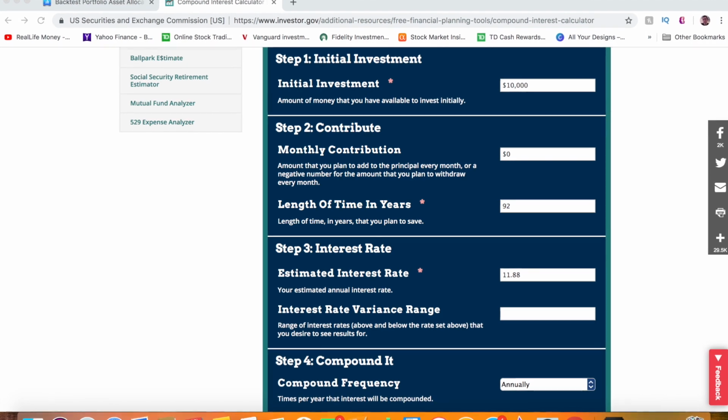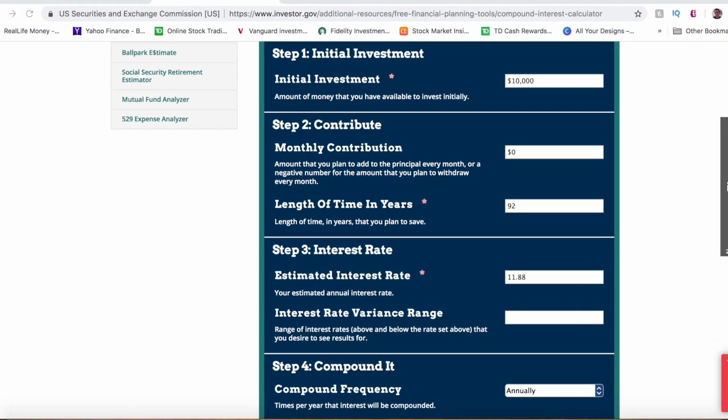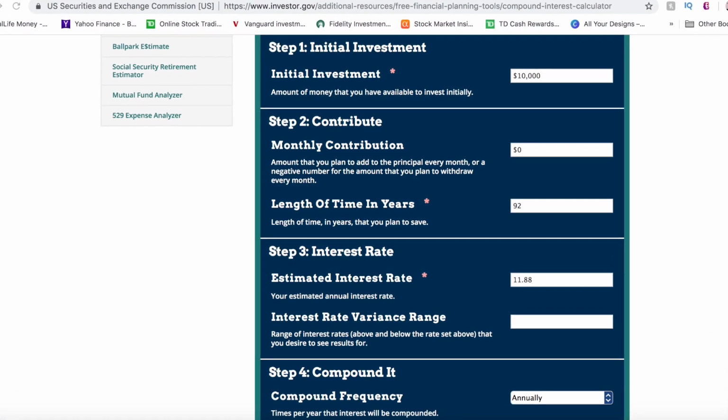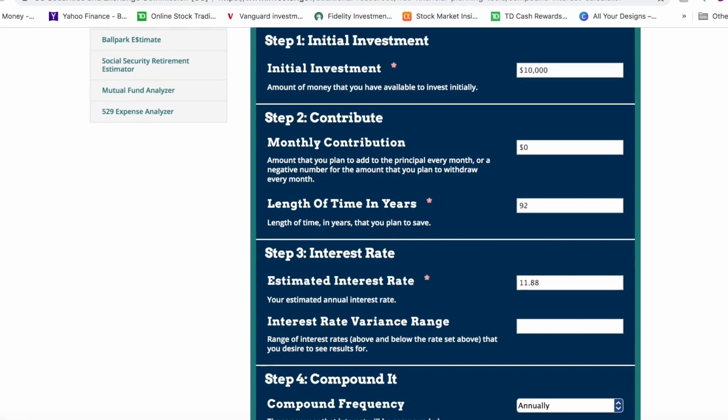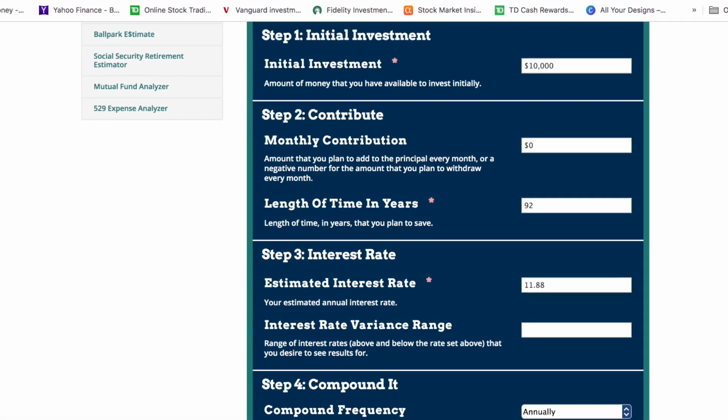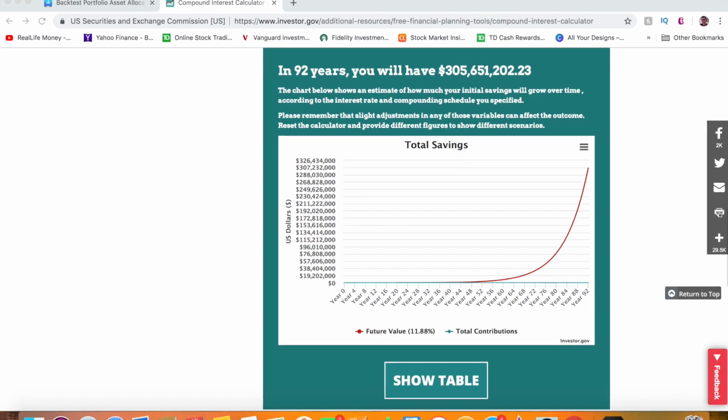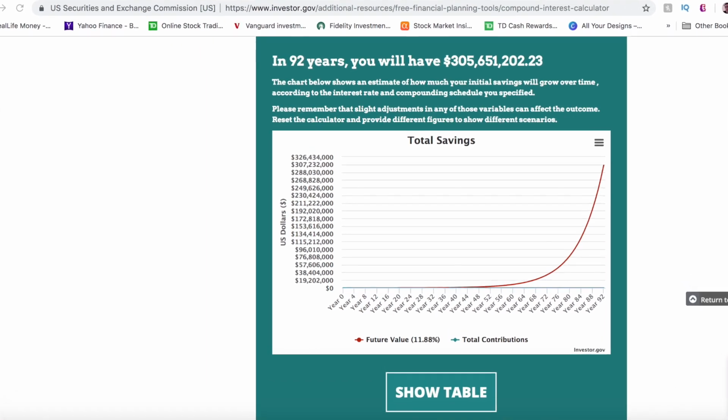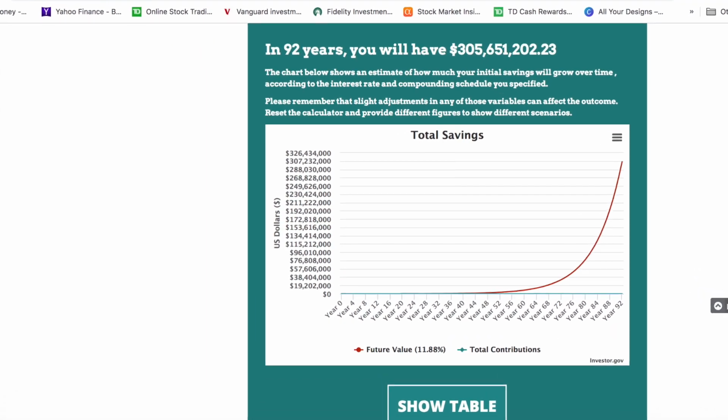We're going to take that average return of 11.88% and plug it into a compound interest calculator to see what we get. We're starting with $10,000 over 92 years with that 11.88%. After 92 years, we will get over $300 million.